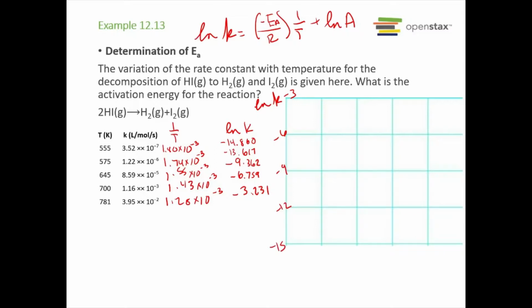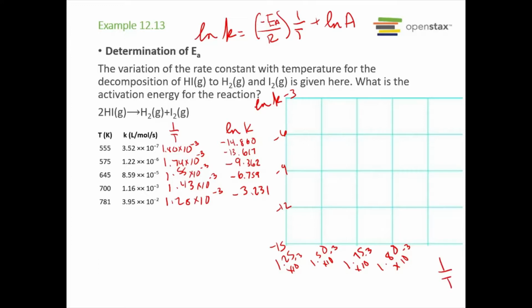And on the x-axis, we're going to do 1.25, 1.50, 1.75, 1.80. Not ideal, but that'll work. And these are all times 10 to the negative third. So this is 1 over T.